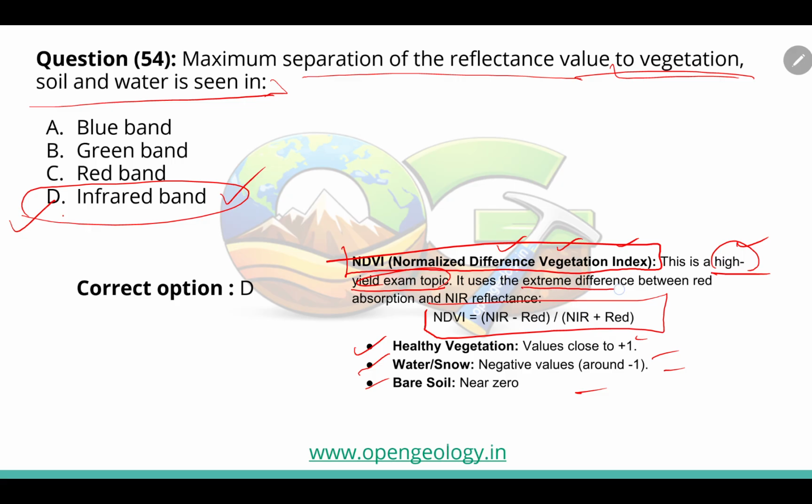It uses the difference between the red absorption and the NIR, near infrared, reflectance. This is the formula, and if the value of NDVI is +1, that means healthy vegetation. -1 means water or snow areas, the negative values. If it is 0, then it represents soil.